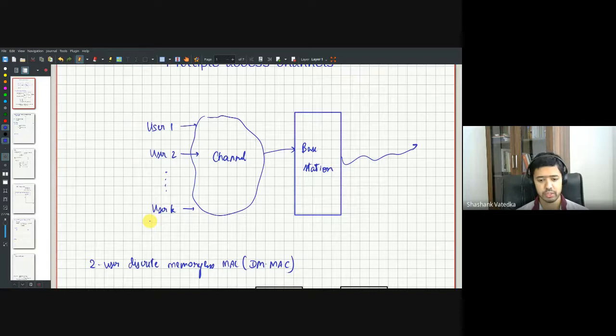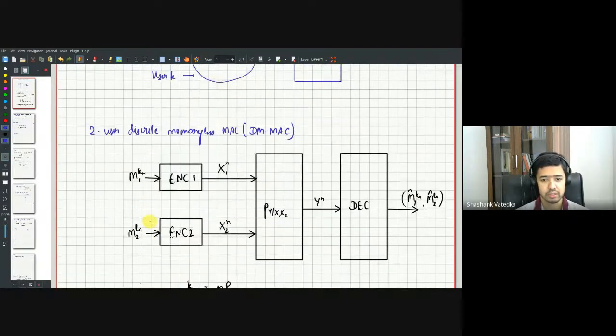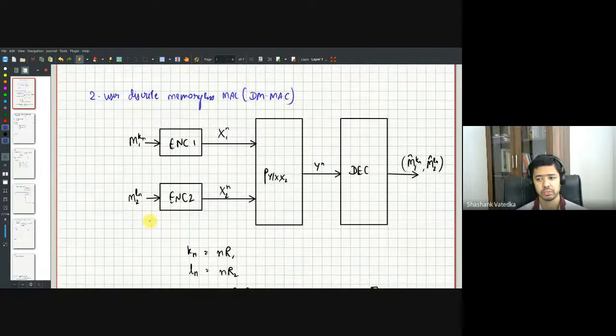Okay, so before that, we need to first set up the problem, and although it should be straightforward at this point, let's do it more formally. All right, so the class of multiple access channels that we will study in this course are what are called discrete memoryless multiple access channels.